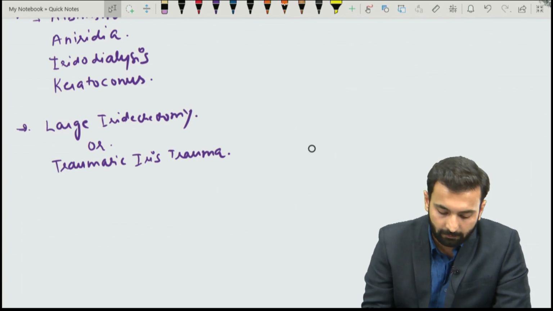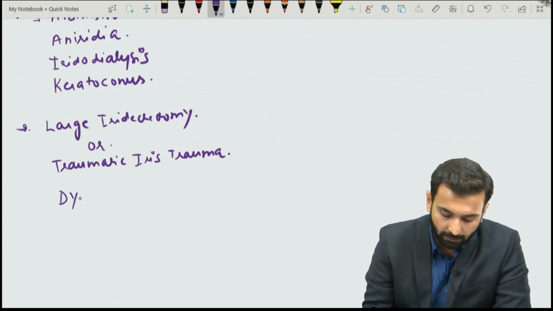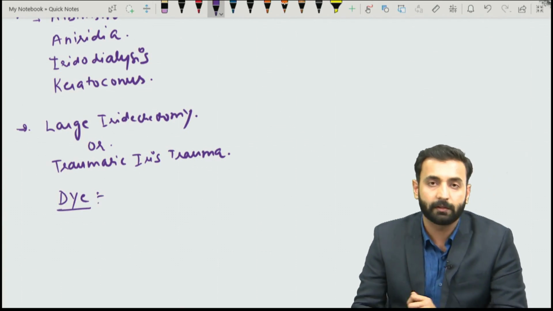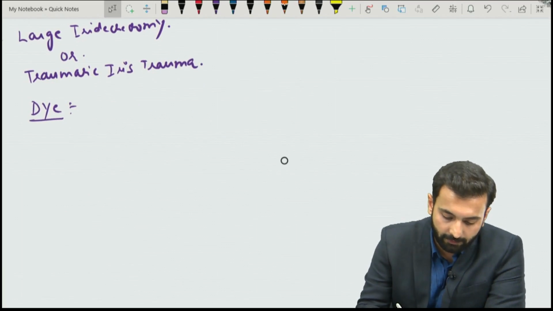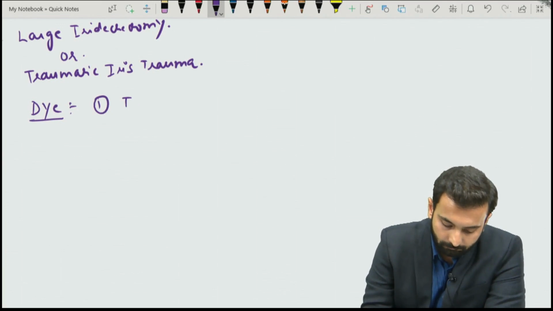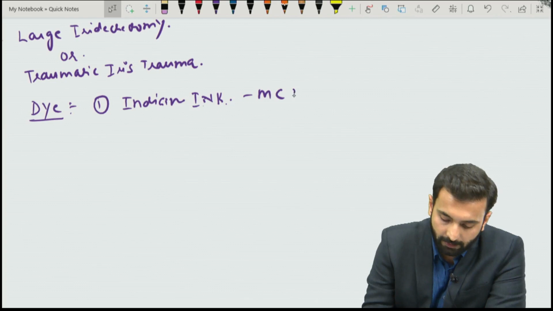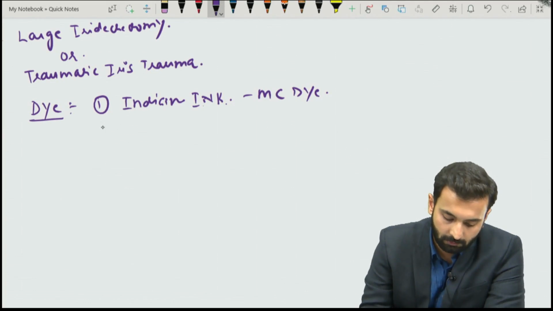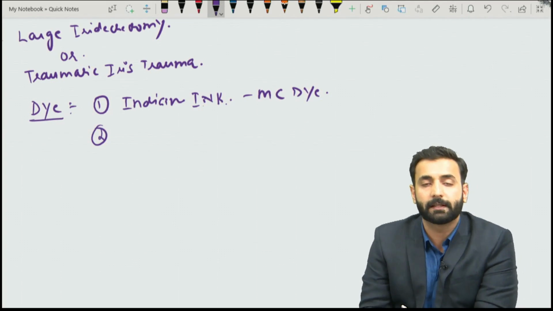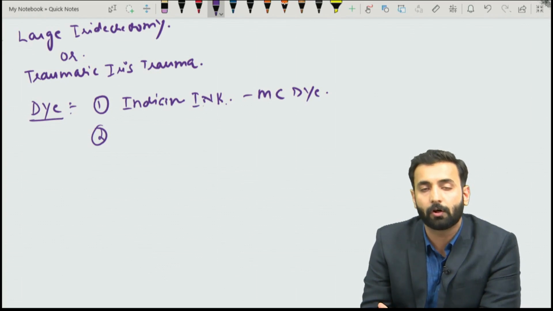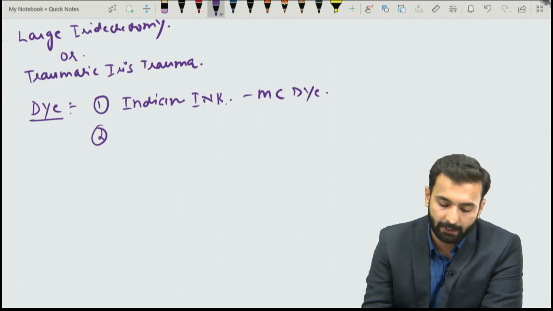Which dye is used? Write down. The dye used for corneal tattooing, Indian ink dye, is the most common one. What are the other methods? We can perform corneal tattooing by chemical dyeing also.